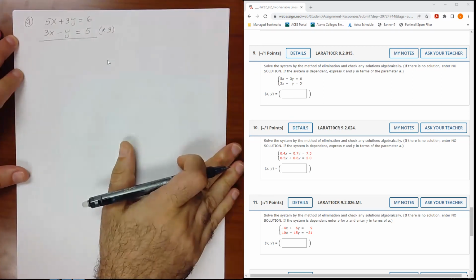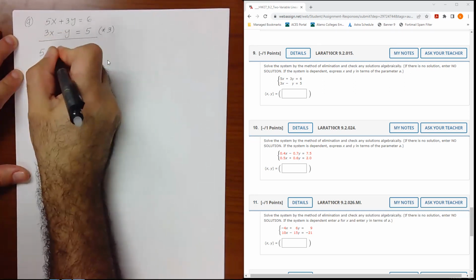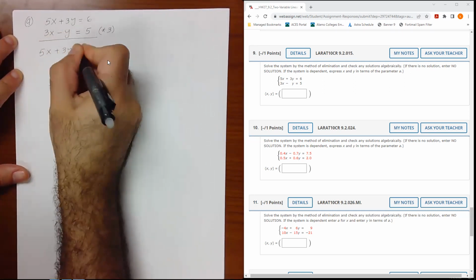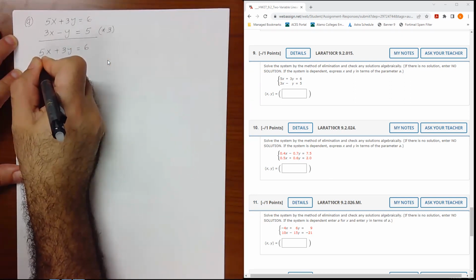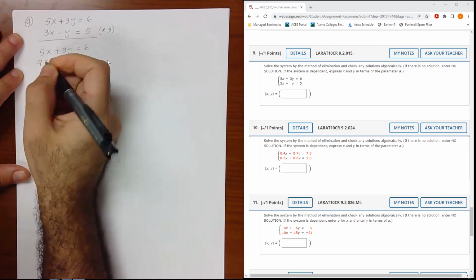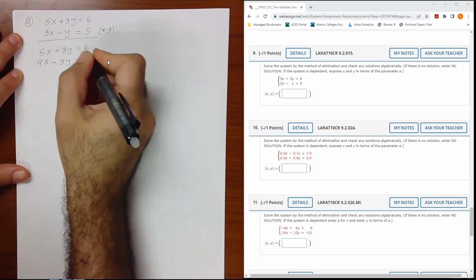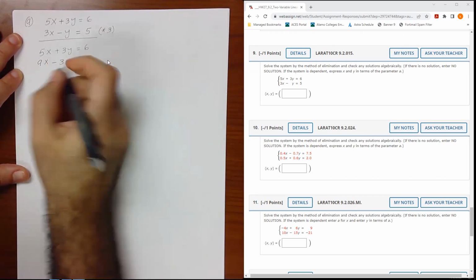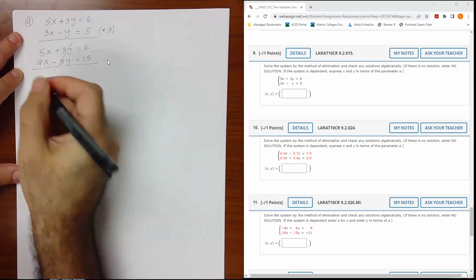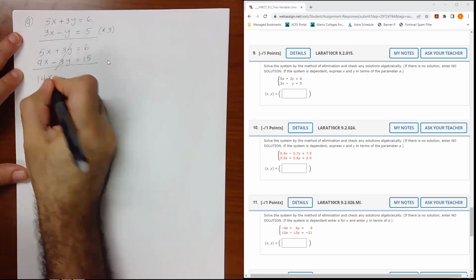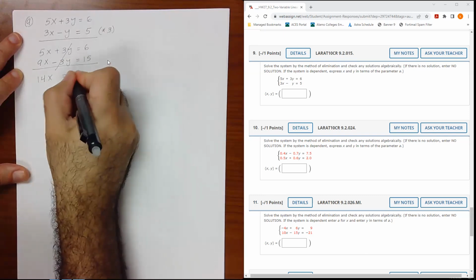So if you multiply the second equation by 3, the first one is going to be 5x plus 3y equals 6, and the second one is going to be 9x minus 3y equals 15. The y terms cancel. 5 plus 9 is 14, so 14x equals 6 plus 15, which is 21.